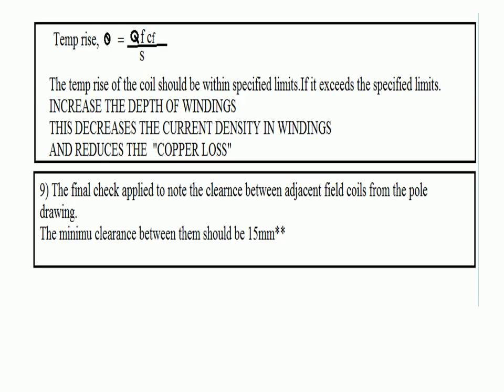Increasing the depth of winding reduces the current density, which in turn reduces the copper loss. In this trial and error method, you make the change and check the temperature rise, then give the final decision.